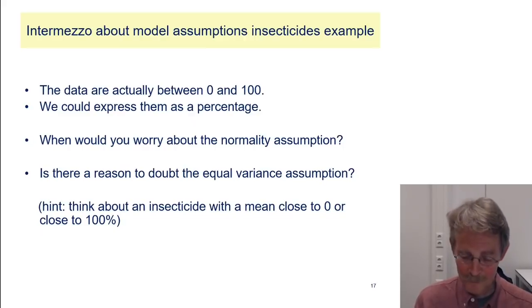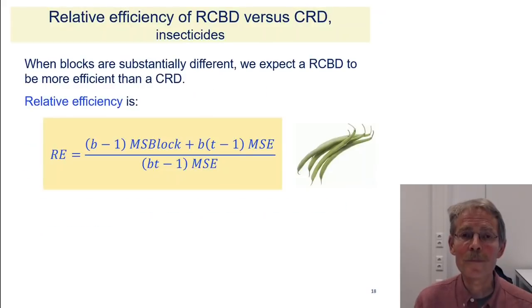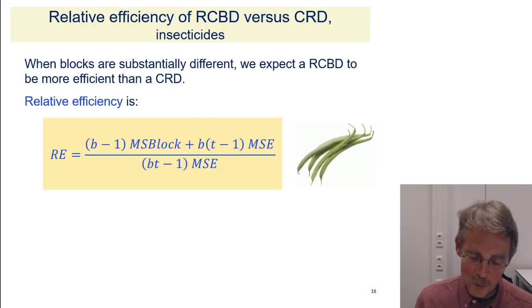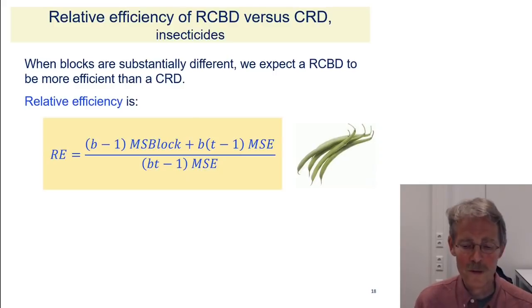Okay, back to business. I already accidentally showed you the slide, this one. We have seen that blocks are significant. But we know that small differences for big data sets can also be significant, but since they're small, they're maybe practically not so important.